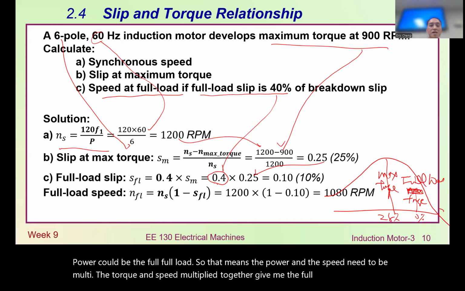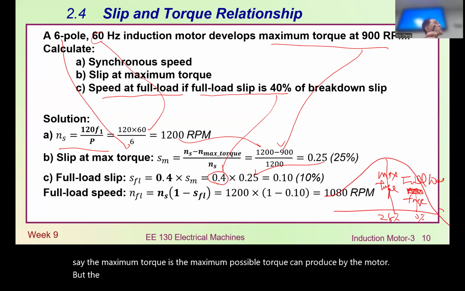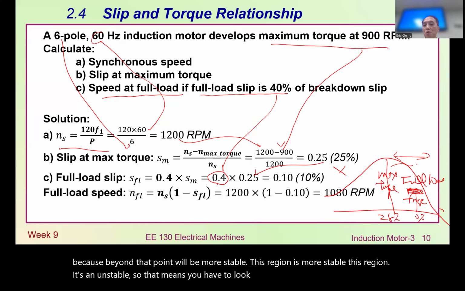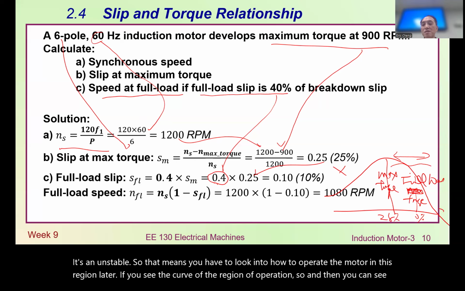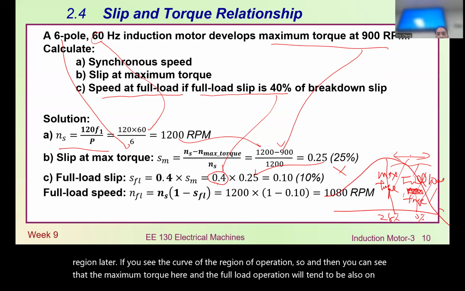In most normal operation, we don't need to operate at the maximum torque point, because the region beyond it is more stable, and this other region is unstable. So we have to look into how to operate the motor in the stable region. Later on, you can see the curve of the region of operation, and you will see that the maximum torque and the full load operation tend to be in that region too.